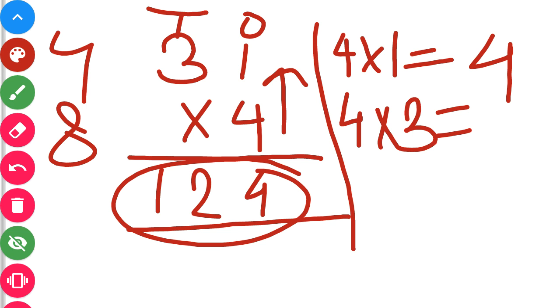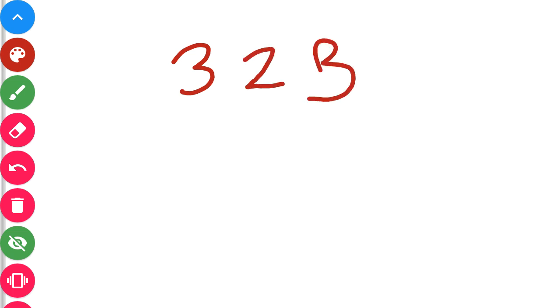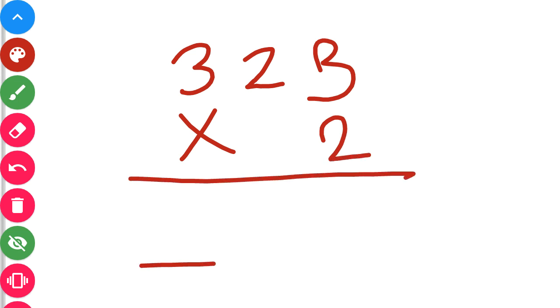ओके. नाउ हम क्या करेंगे? मल्टीप्लिकेंड में 1 डिजिट और बढ़ाएंगे. मतलब 323. 323 multiply by 2. Let us do 323 multiply by 2. We will start with ones place.